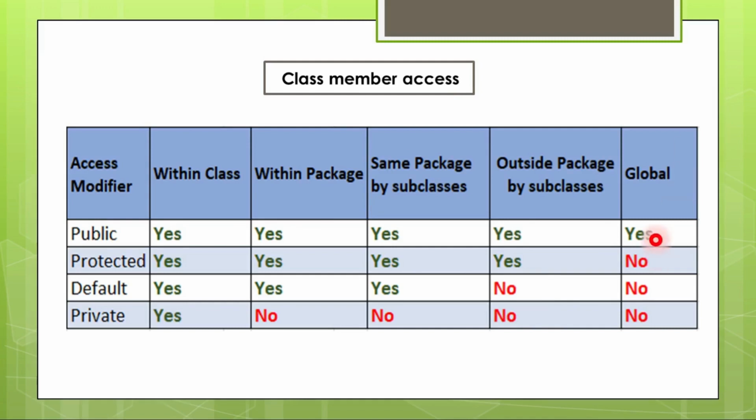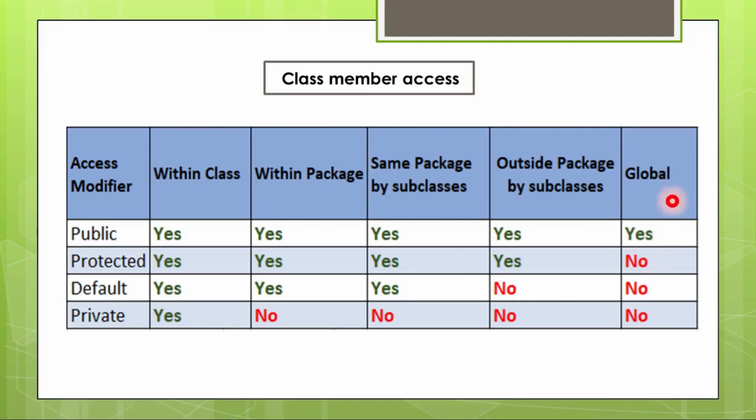If you have set any property as public, yes, not only the person who belongs to your family, not only the person who belongs to the apartment, not only the person who belongs to the other apartment with a blood relationship, but also the outsider who does not have any kind of relation can access that property, because public means anybody can access.